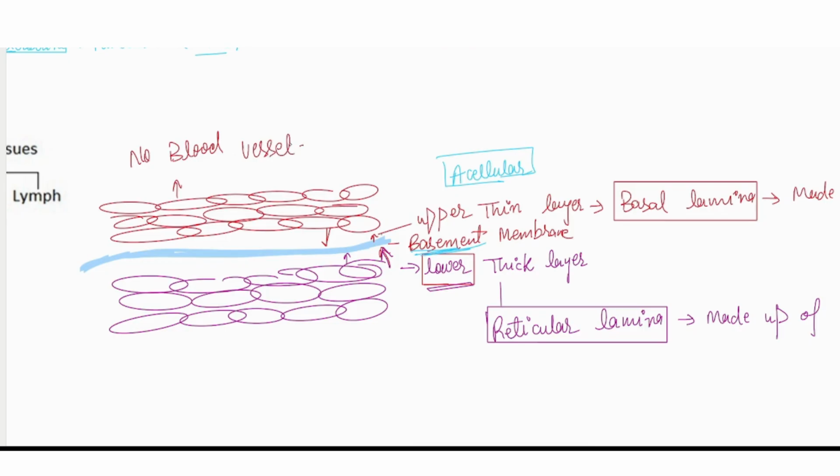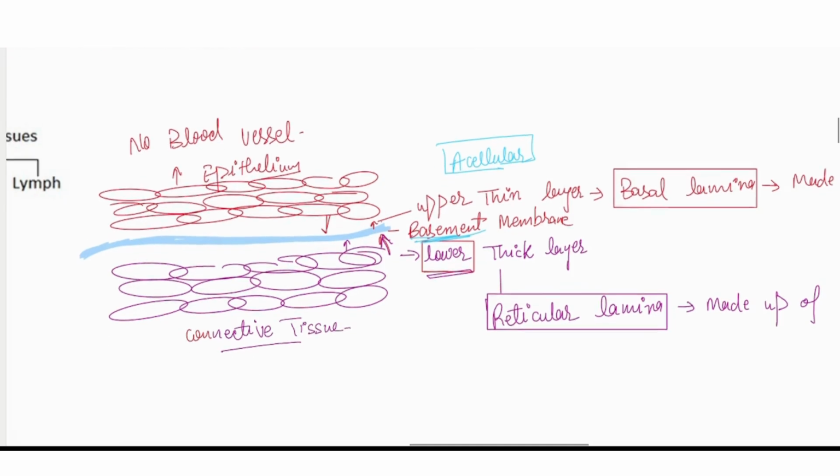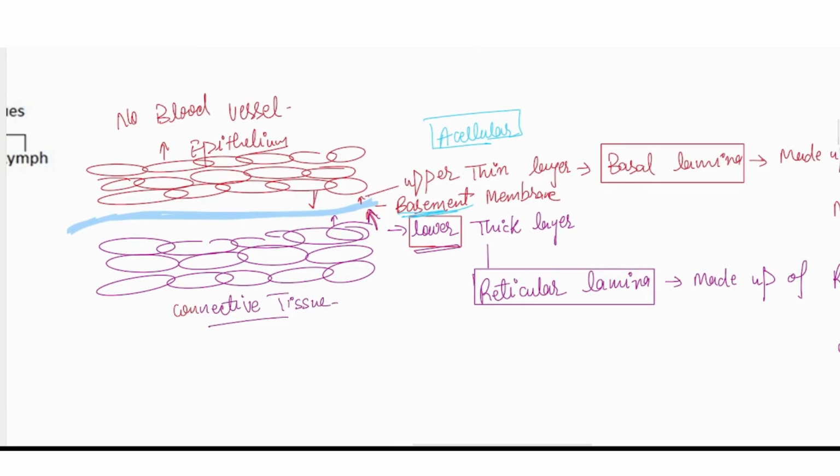But blood vessels are present in the connective tissues. So connective tissues have blood vessels, but epithelial tissues do not. I hope it is clear now.